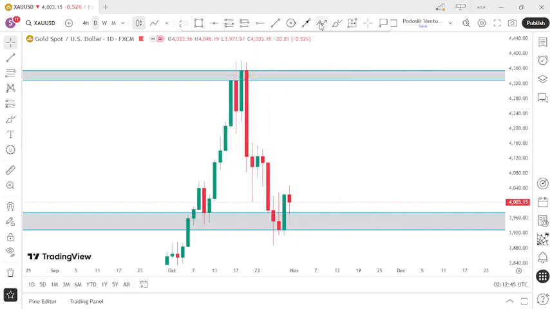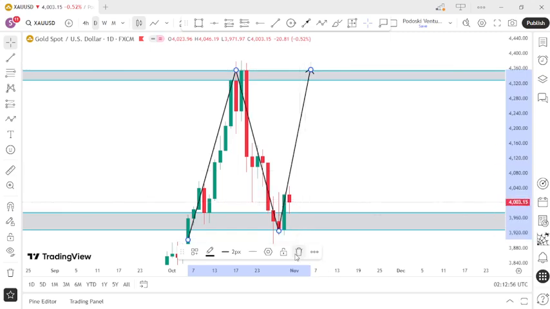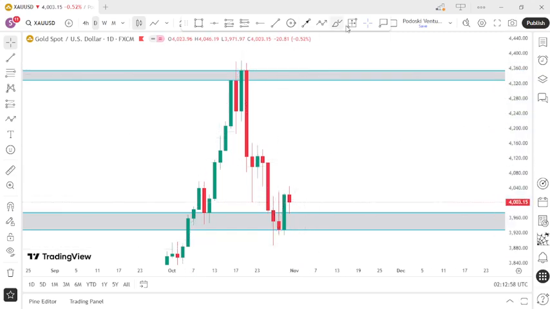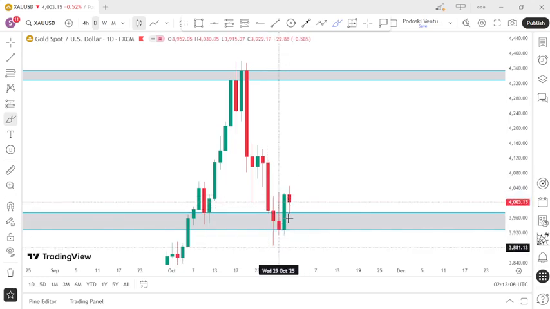So after the break came the retest, and we can expect price to move to the upside again. Why? Because this candle formation right here shows us that gold is definitely moving to the upside.